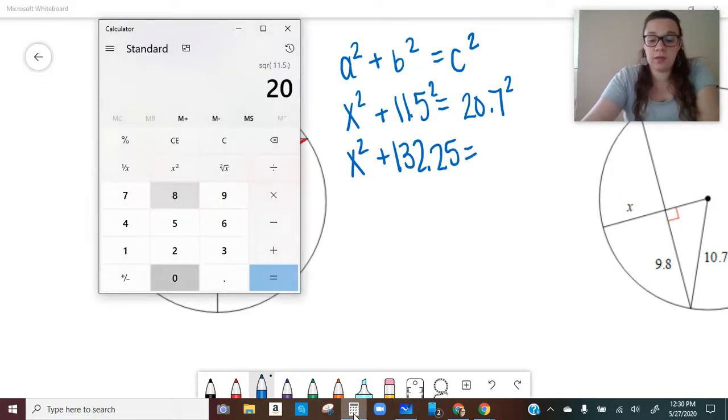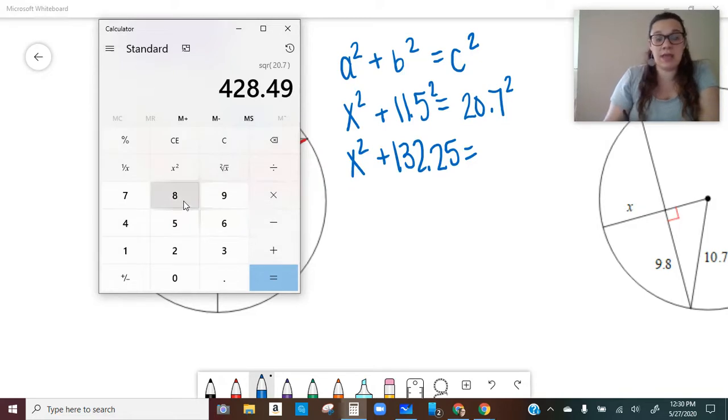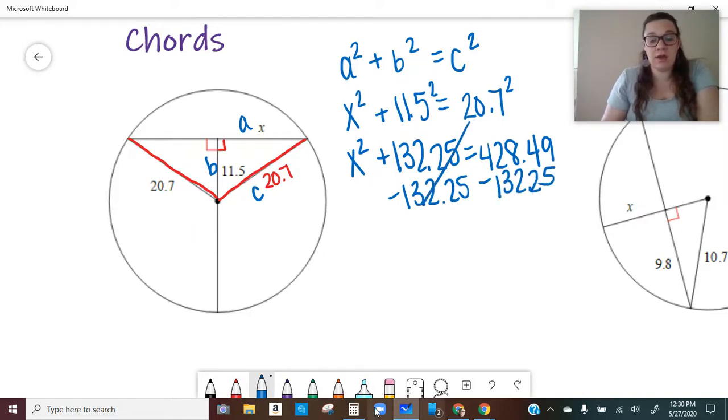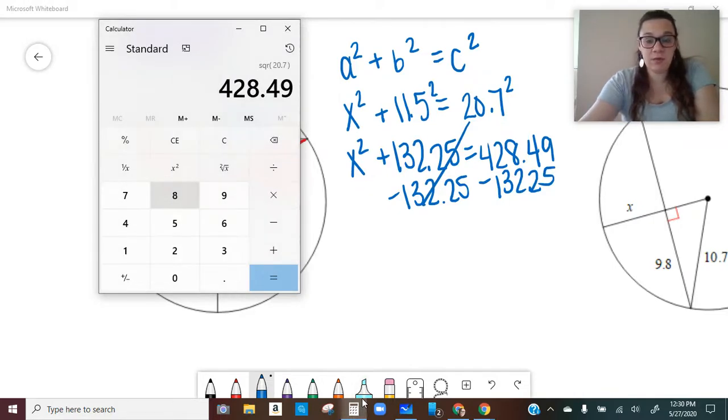And where we have 20.7 squared is 428.49. Next, let's get rid of this 132.25 from both sides. That's gone. And we'd have this number subtract 132.25, and we're left with 296.24.